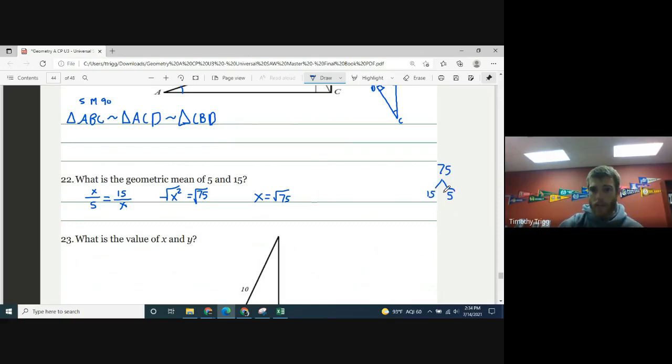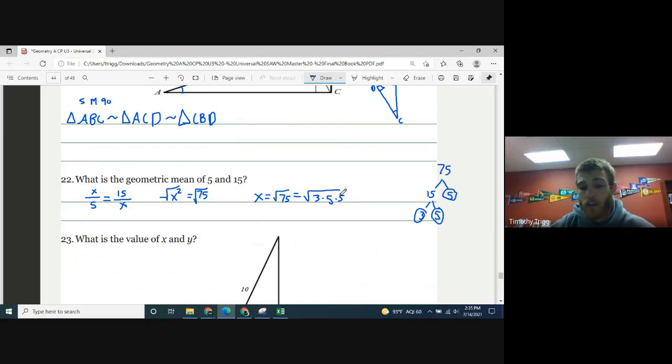The 5 doesn't break down anymore. It's prime. So I'm going to circle it. The 15 does break down to 3 times 5. 3 and 5 are both prime, so I'm going to circle those. So I could rewrite the square root of 75 as the square root of 3 times 5 times 5. Notice those should still multiply back to 75 if you multiply these back together.